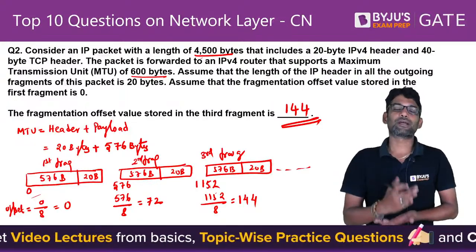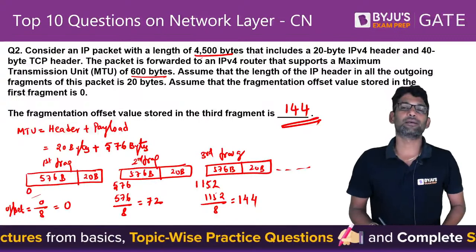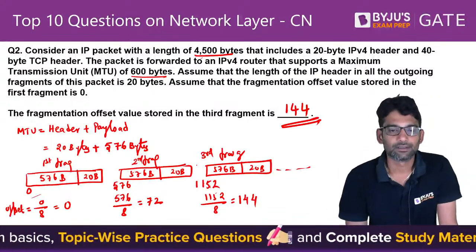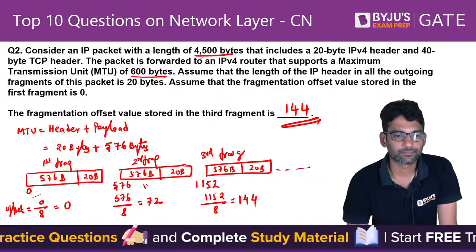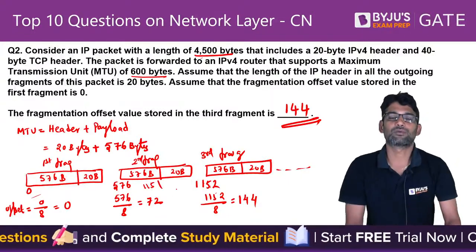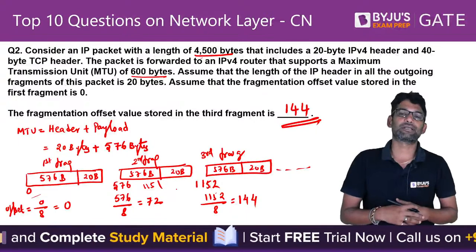No, third fragment starting number, Gurumurti, from 576 to 1151 is what? Second fragment's 576 bytes.